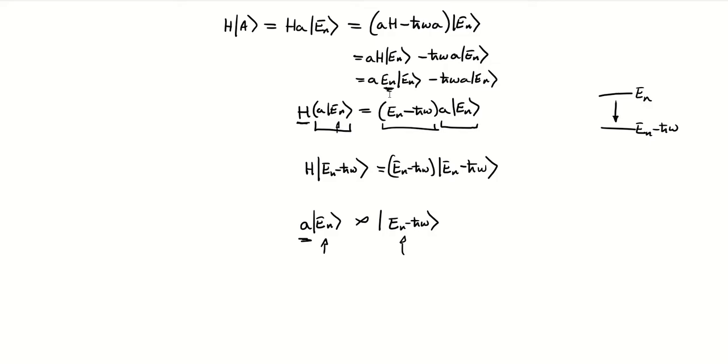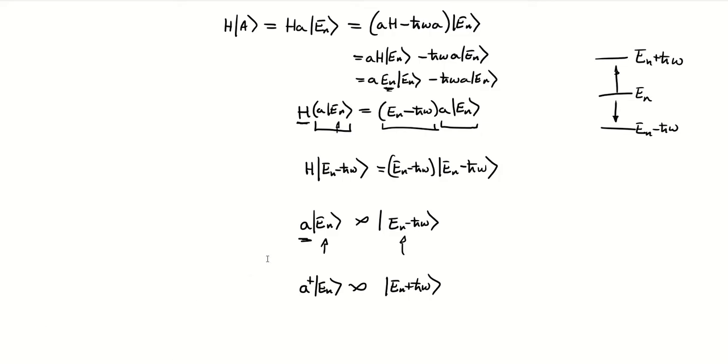If we do the same thing but with the raising operator, what we end up seeing is that that vector ends up being proportional to E_n plus h bar omega, and it raises it up one rung on our energy spectrum the other way. And this is actually quite useful, right?